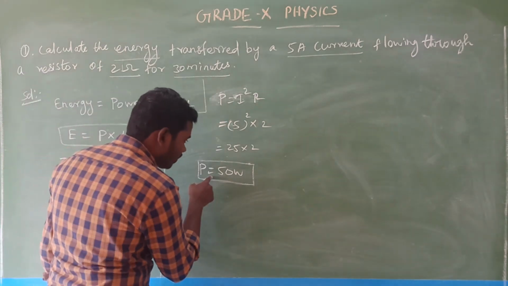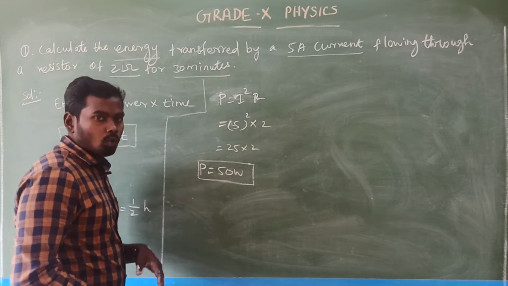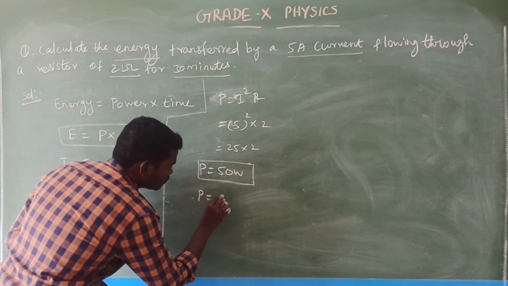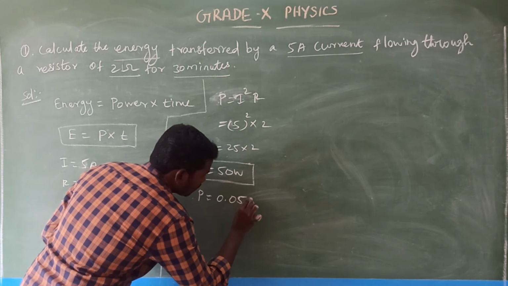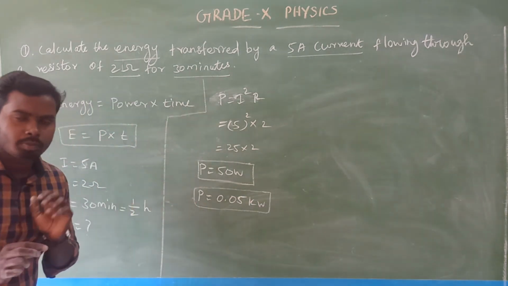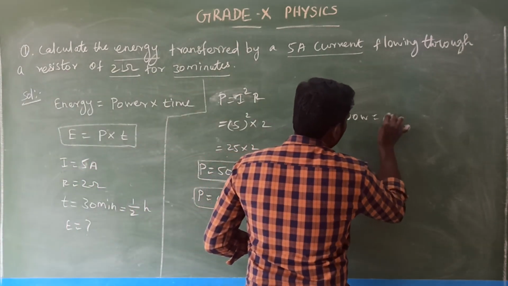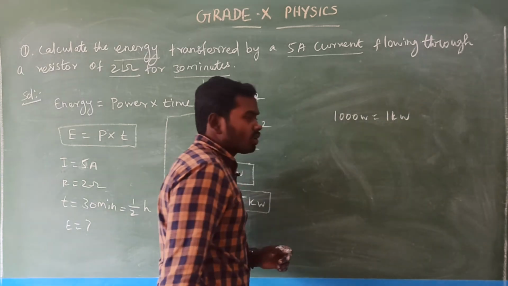Here the power is in watt. Convert this watt into kilowatt. So the power value will be 0.05 kilowatt. How is it possible? Already we know 1000 watt is equal to 1 kilowatt.